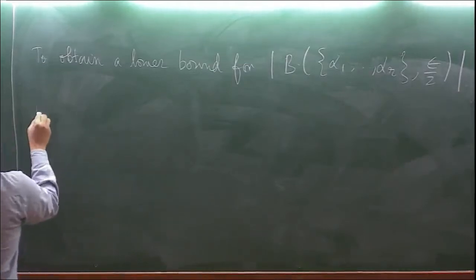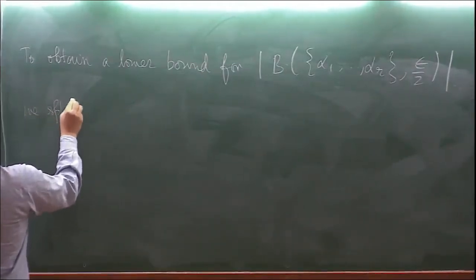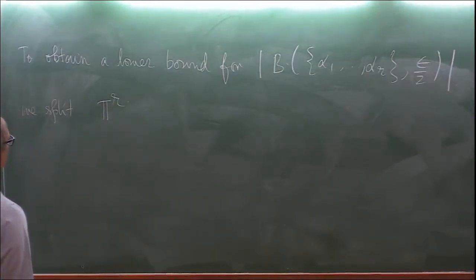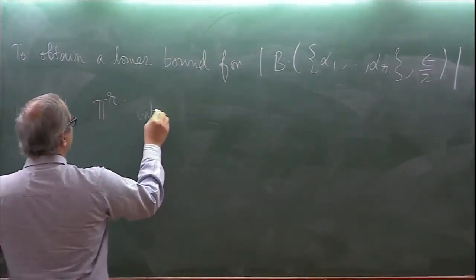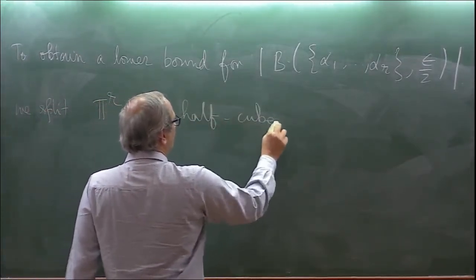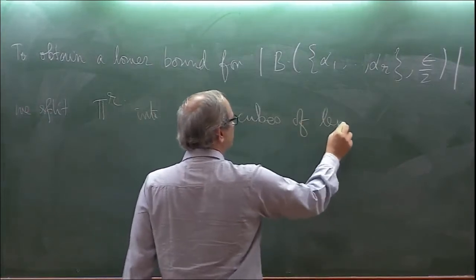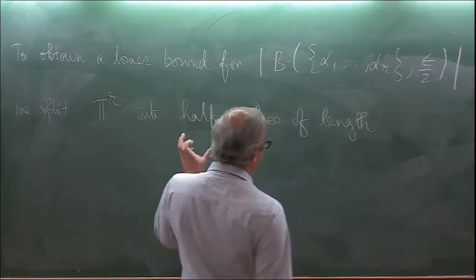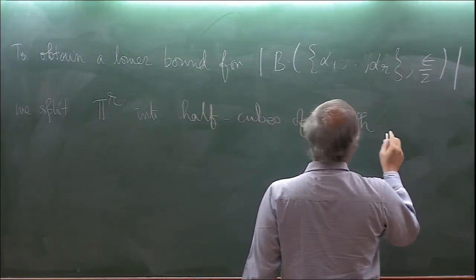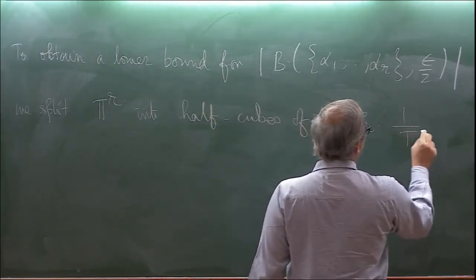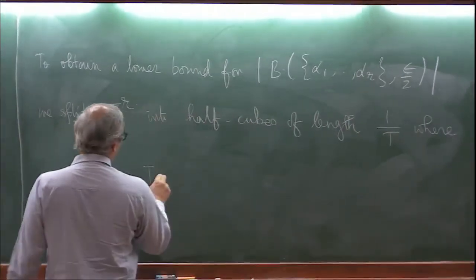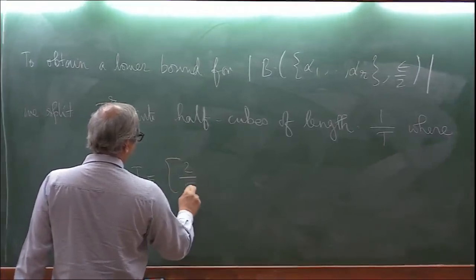So we split TR, that is the torus to the power of this integer r, into half cubes of length, meaning the lengths of the sides, 1 by t, where t you take as 2 by epsilon plus 1.